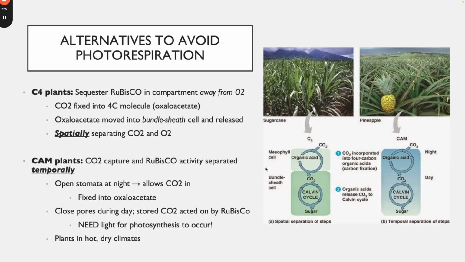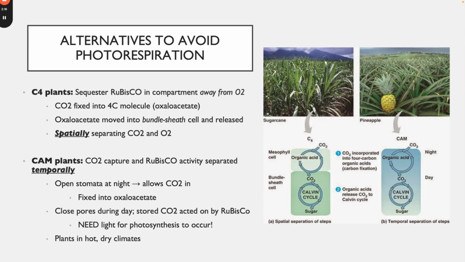And so I just want to orient you to this diagram right here, where we have 2 separate compartments now. This is an evolutionary adaptation in C4 plants. We end up having a mesophyll cell and a bundle sheath cell. You should memorize the names of those cells and what each compartment does. So in the mesophyll cell, we know that carbon dioxide and oxygen can get in.